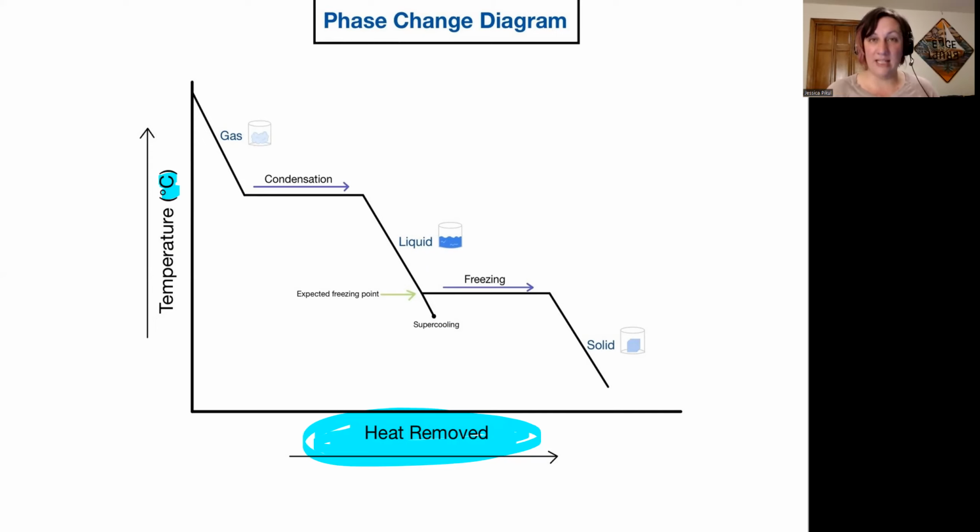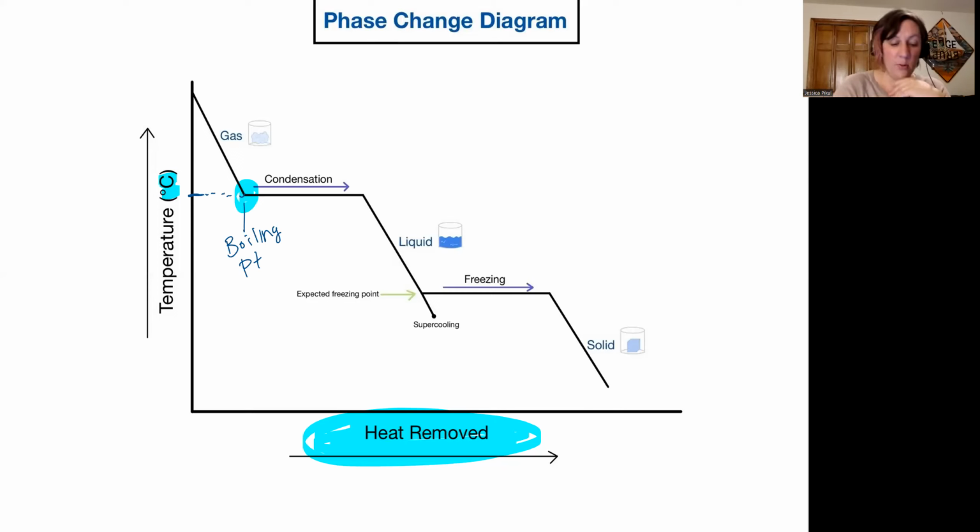So here we start with a gas, and as the temperature decreases, it'll finally hit a point, and that's going to be its boiling point still, or the condensation point, but we usually call it boiling point, because it's really just the temperature where the phase transition occurs, whether it's boiling or condensing. The transition between a gas and a liquid will contain both gas and liquid of that matter, and it will happen at the same temperature, whether you're heating it or cooling it.